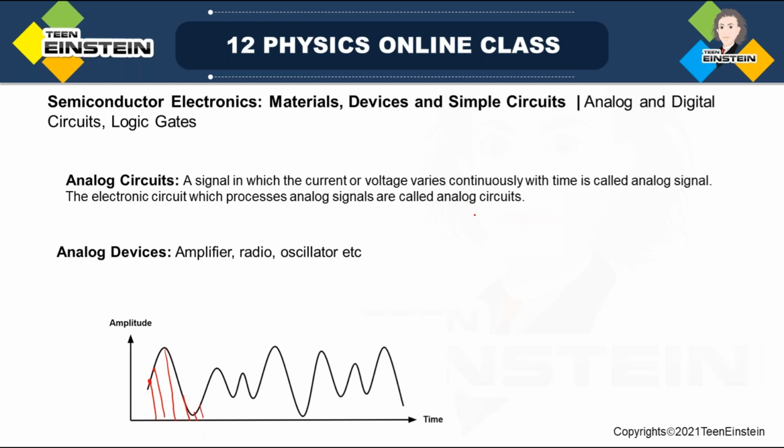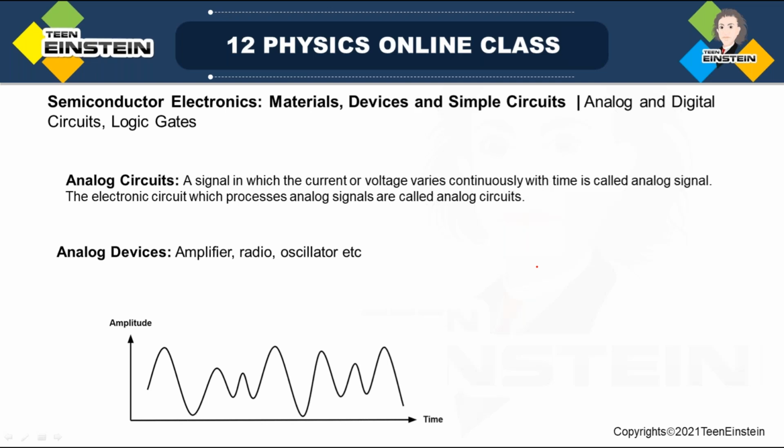If you take a very simple and symmetric signal, that is the sinusoidal signal, that is one kind of analog signal. And whatever we have learned, diode, transistor, amplifier, oscillator, these are the devices which are based on the operation with analog signals.